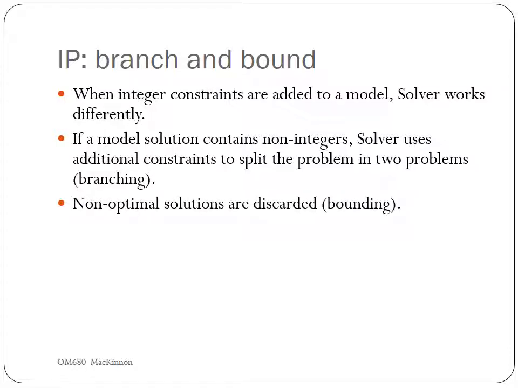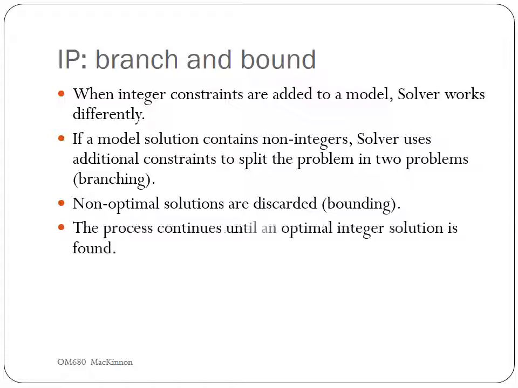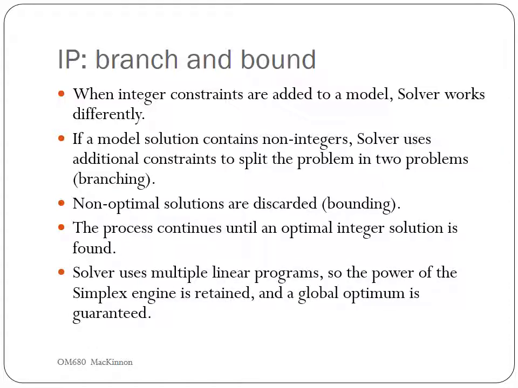Non-optimal solutions are discarded, and this is what's known as the bounding process. And so the process continues until an optimal integer solution is found. So actually, Solver is using multiple linear programs, and so the power of the linear engine, the simplex engine, is retained, and a global optimum is guaranteed.